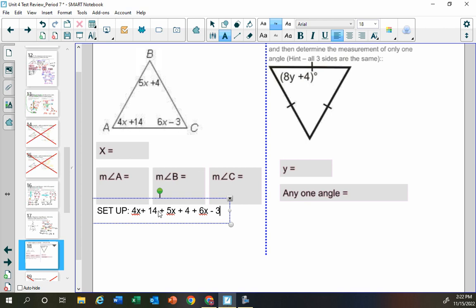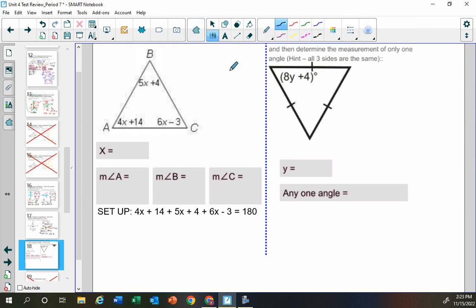Bingo. That's a good job. That's your setup. You will get a test question like this. Now, what do you have to do? Add up your x's.